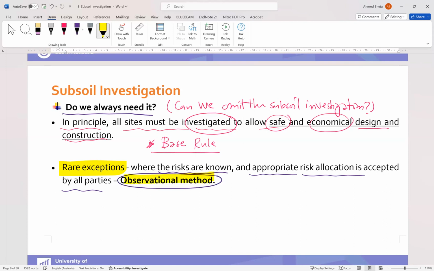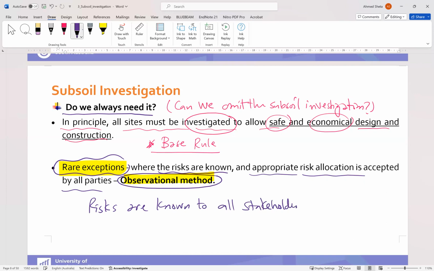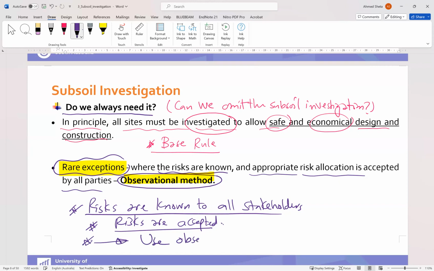So only in rare cases, where the risks are known to all stakeholders and accepted between all of them, you can use the observational method to just keep an eye on the soil properties and soil behavior.